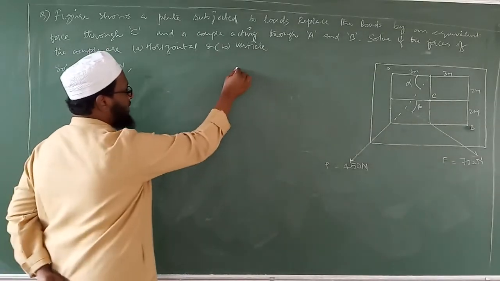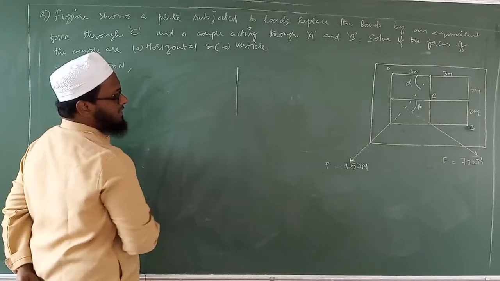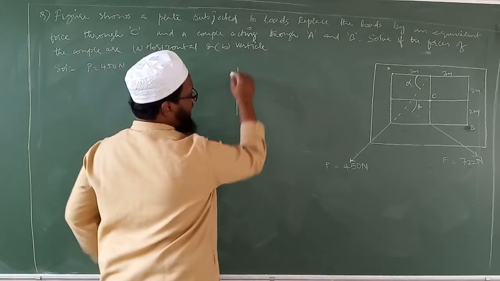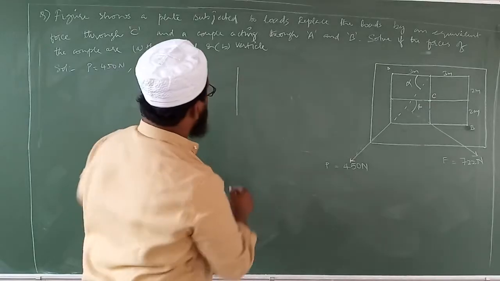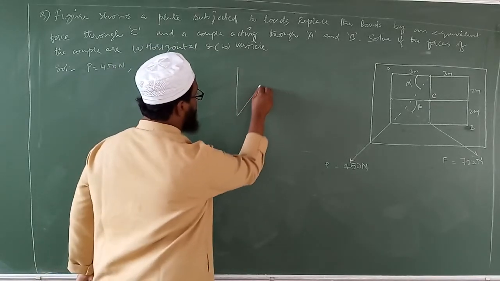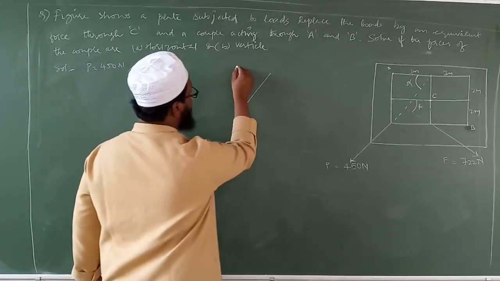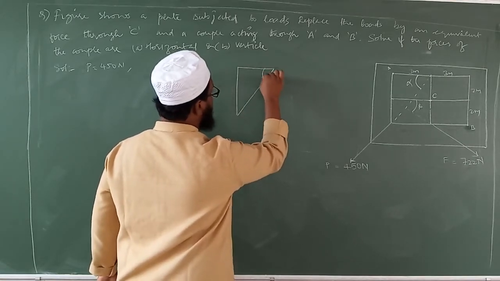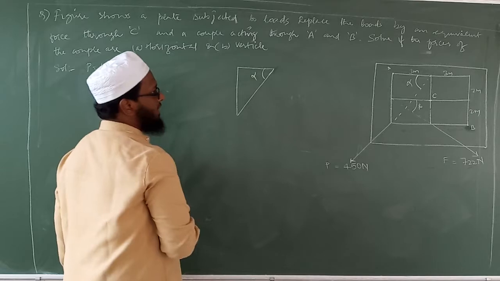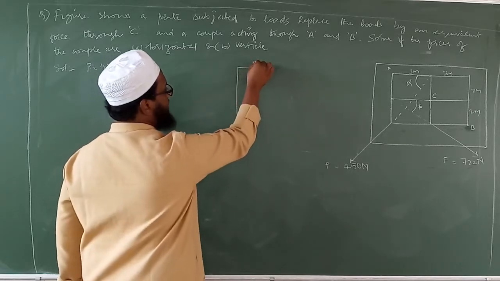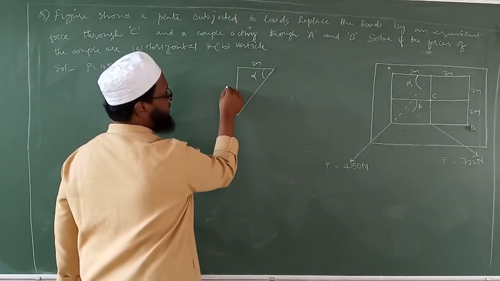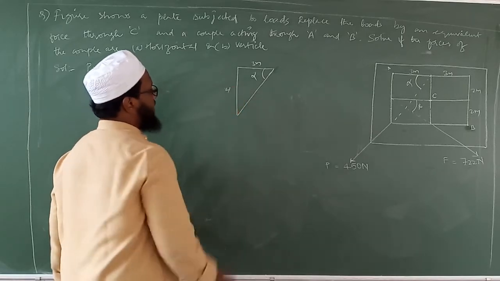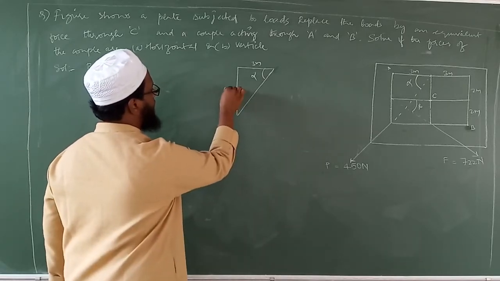So this is the vertical line, and this is your inclination, with theta, beta, alpha. This is alpha. Now you see this triangle: this is 3 meters, and this one is 4 meters, since 2 plus 2 is 4 meters.